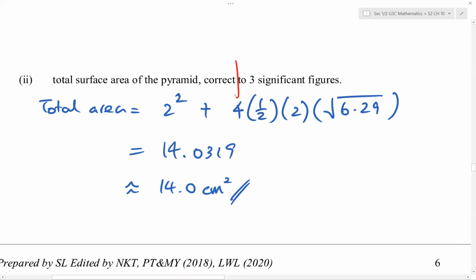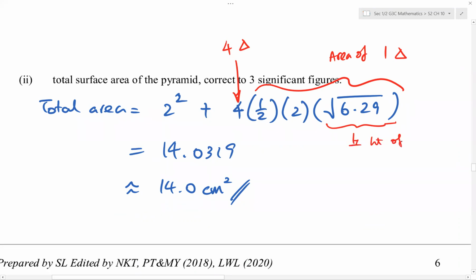So you can write down notes. This will be 4 triangles. This will be area of 1 triangle. And this is our perpendicular height of 1 triangle. These are notes that you can write to help yourself.